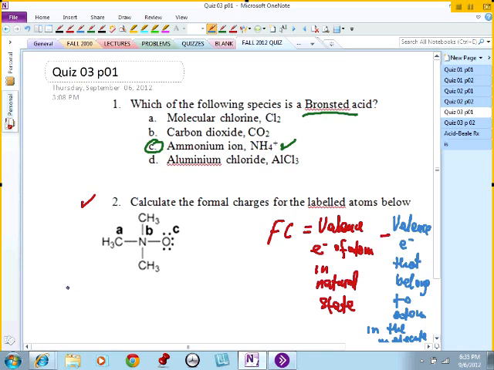A is what? 0. Okay. So for A it will be 4 minus 4 equals 0. So that is correct. How about B? B will be equal to the valence electrons for nitrogen, which is 5, minus 4 electrons that actually belong to it. And therefore that is plus 1.